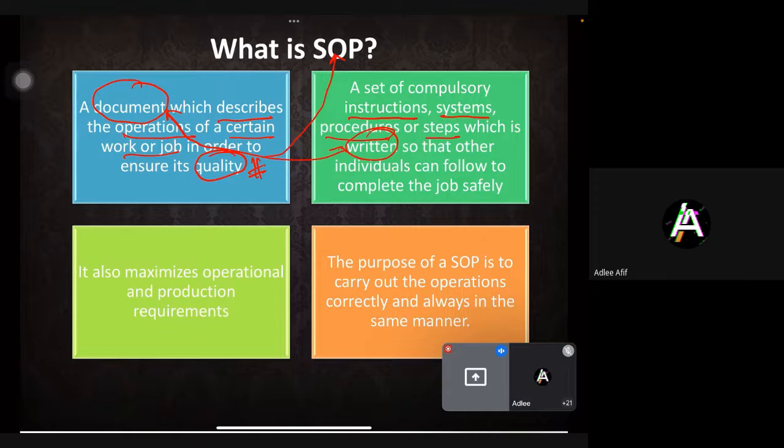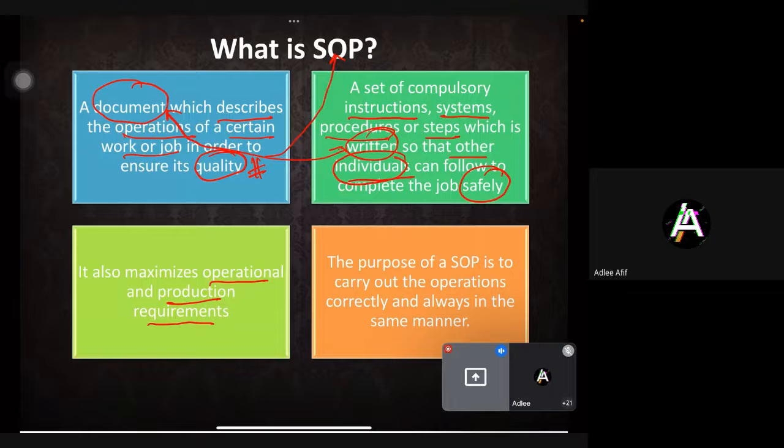Let's say you are the person in charge of creating the SOP. The SOP that you have created can also be used by other individuals, so that they can complete the job safely. So we talk about avoiding injuries. It also maximizes operational and production requirements.